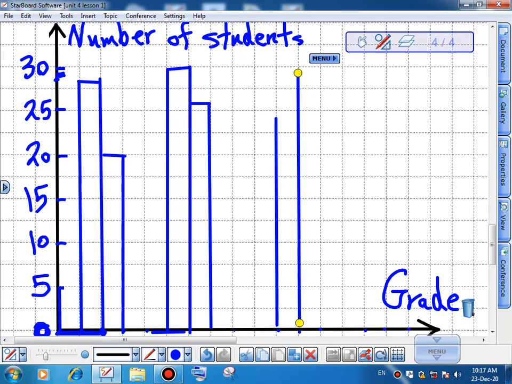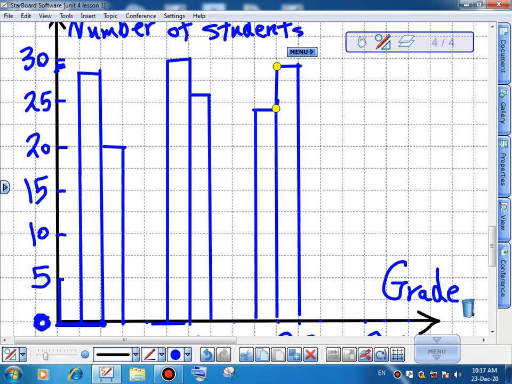After that, we close the bar like this. Number of boys and number of girls. Boys are less than girls, so this is a double bar graph.